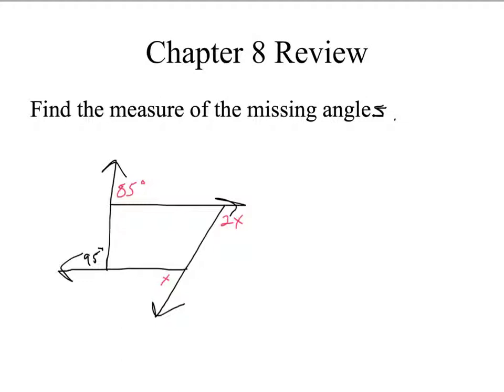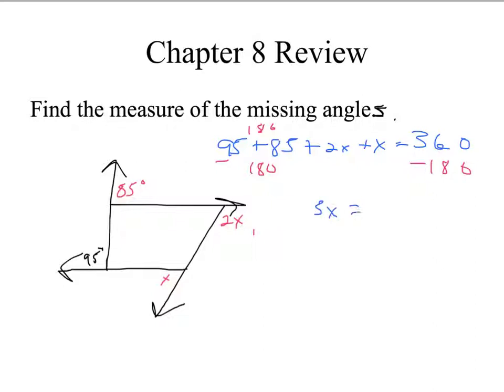All right, so now if we do this, we're going to plug this into our formula of 95 plus 85 plus 2x plus x is equal to 360. Well, 85 and 95 is equal to 180 here. So we're going to subtract 180, and we get 3x is equal to 180.